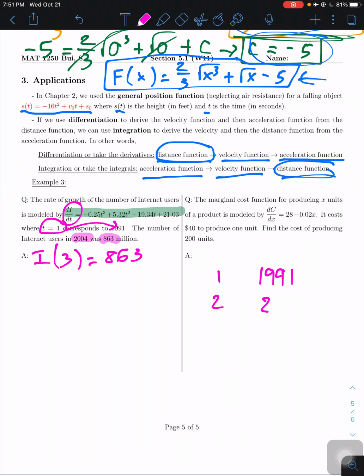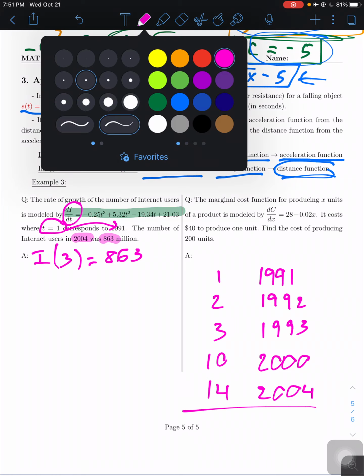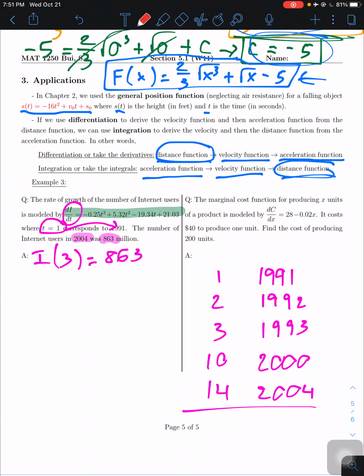When t equals 2, we get 1992, and then 3 equals 1993, and so on. And when we get to 2000, we get 10. So when we get to 2004, we should get 14, right? I think I messed up the math earlier, that's why I got just 3. But anyways, we get 14 for the year 2004.